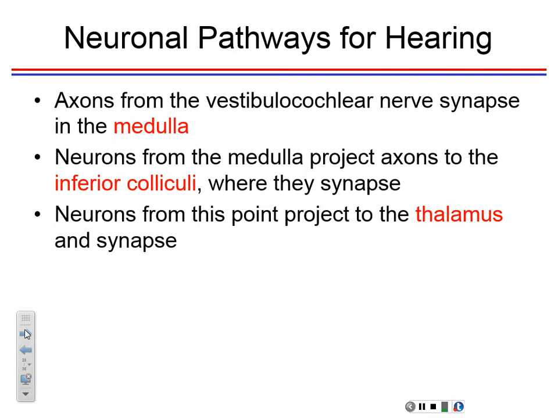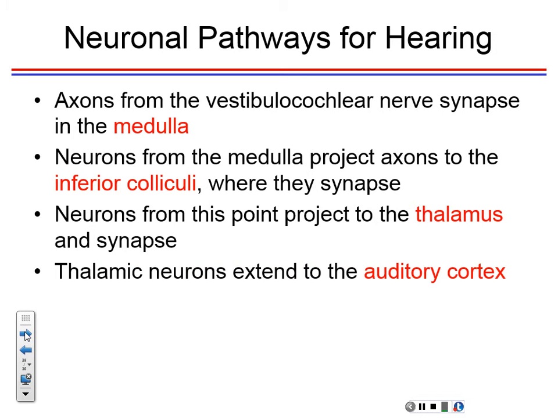Then the thalamus directs it to the auditory cortex in this case. The thalamus is like a triage: it will determine what sensory information it is, and which part of the brain will best deal with it. In this case, it's the auditory cortex, somewhere in the temporal lobe of the brain. So that's where the impulse will go.